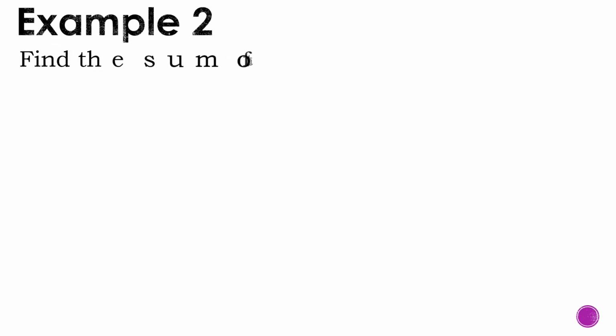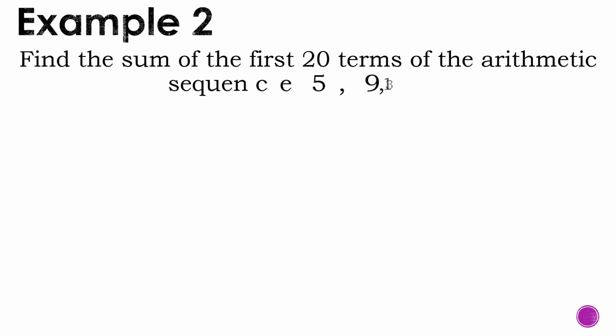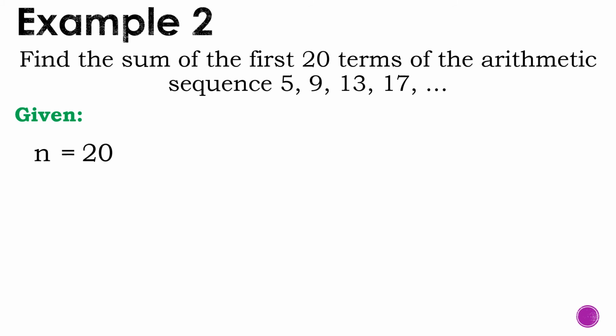Let's proceed to example number 2. Find the sum of the first 20 terms of the arithmetic sequence 5, 9, 13, 17, and so on until the 20th term. Okay? So given n is equal to 20 because we are tasked to get the first 20 terms only.